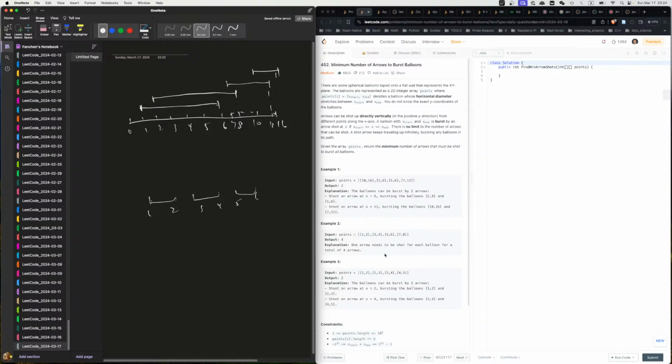So I do think we can just use greedy, right, to find how many are overlapping with the first. Yeah, we sort first and see how many are overlapping with the first one, and they will all be shot down with 1 arrow, right? They have to overlap with the first one.